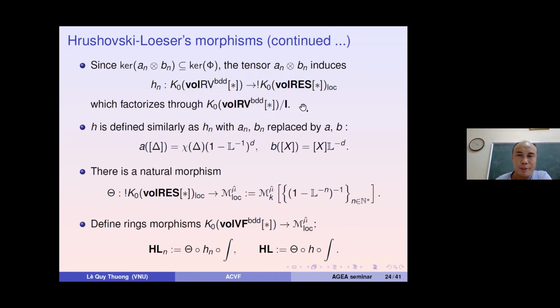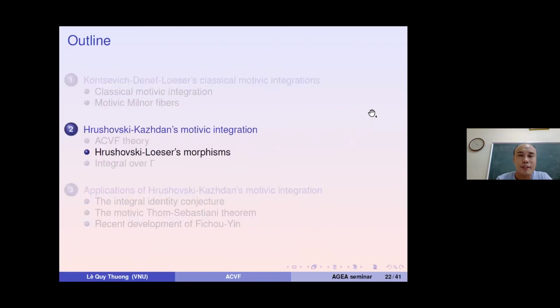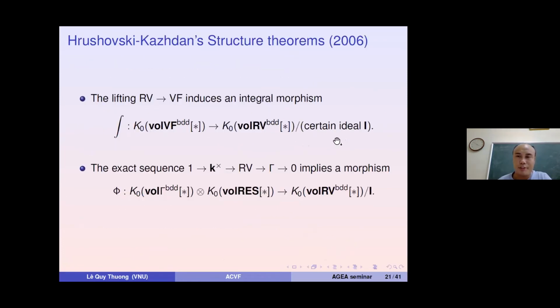You remember this quotient because it's related to the Grothendieck ring of Vol VF. Let me go back here. This one, this is the quotient. We have the relation with the Grothendieck ring of Vol VF here.